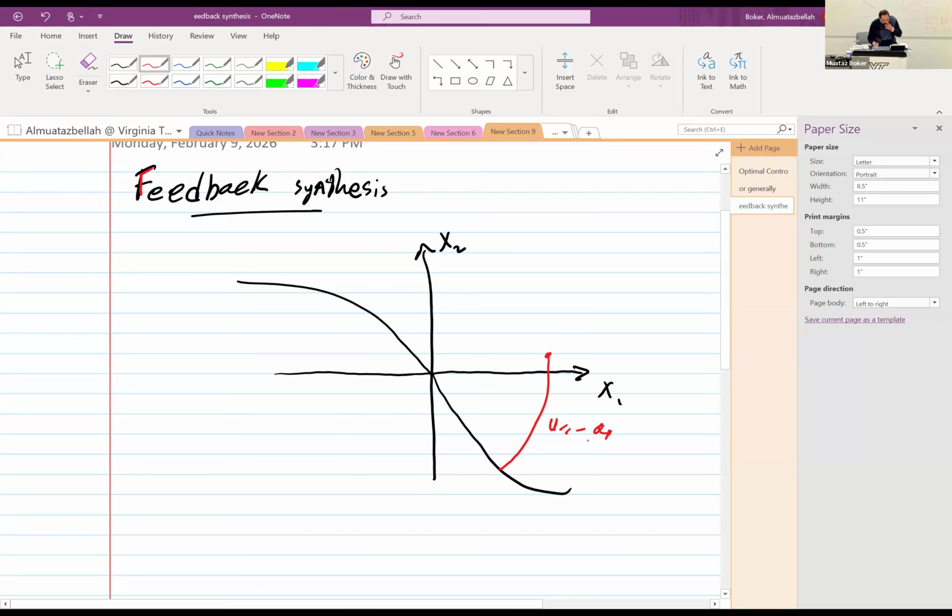You get to this point, then switching happens. When the switching happens, you slide up to this one and go to zero. The point zero is the optimal point in this case.